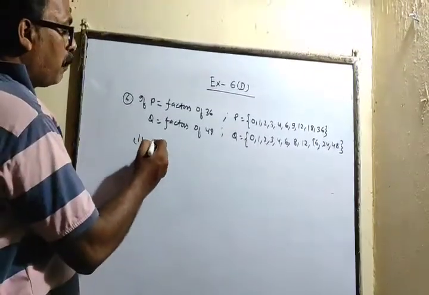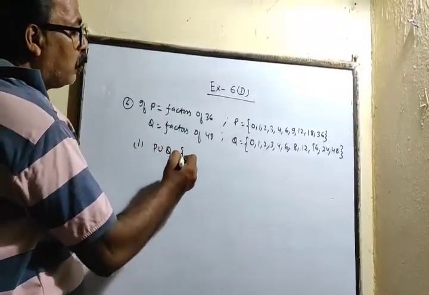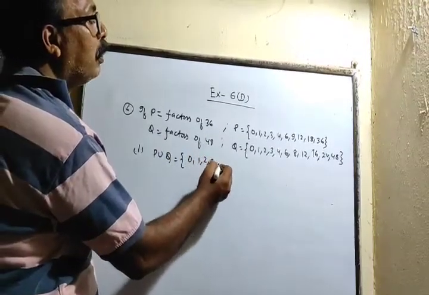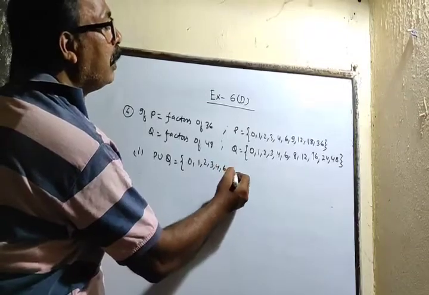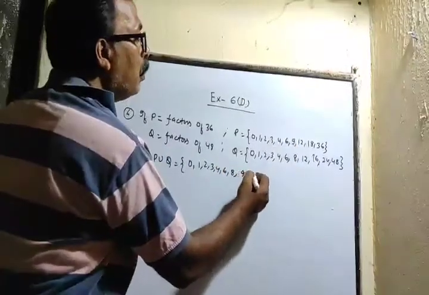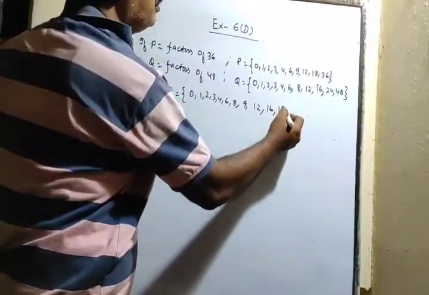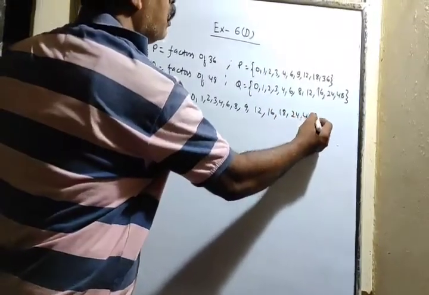In the first part you have to find P union Q. So P union Q will be the addition of these: 1, 2, 3, 4, 6, 8, 9, 12 which is common to both, then 16, then 18, then 24, and then 48.